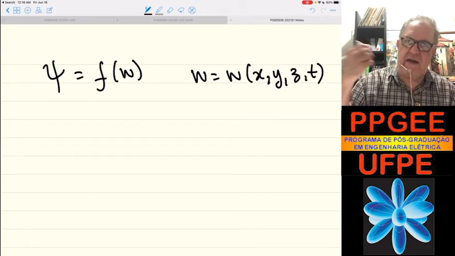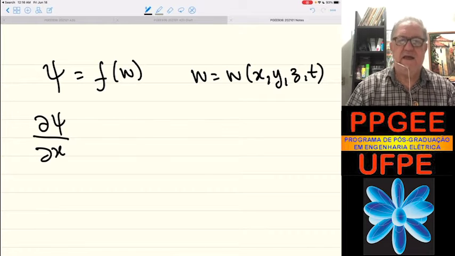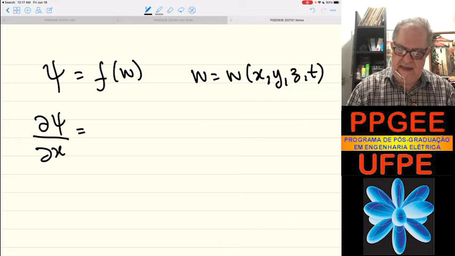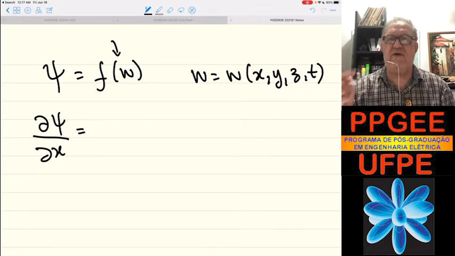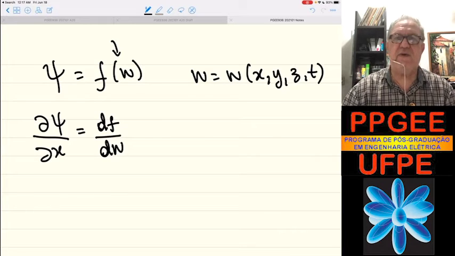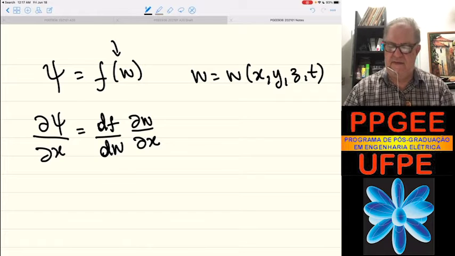So let's calculate the derivative dpsi/dx. It equals df, well, f is a function of one single variable w, so df/dw, the total derivative, times the partial derivative of w relative to x, right?